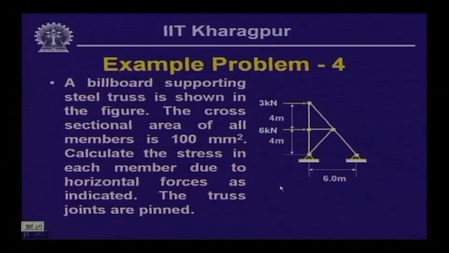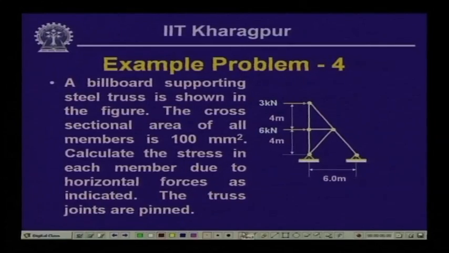Now, let us look into another problem. This is a supporting structure which supports a billboard. Many times we use sign boards on which advertisements are put, and these boards are supported by steel structural systems, and these boards are subjected to wind pressure. When the wind pressure comes on the board, it eventually transfers the force onto the supporting structure.